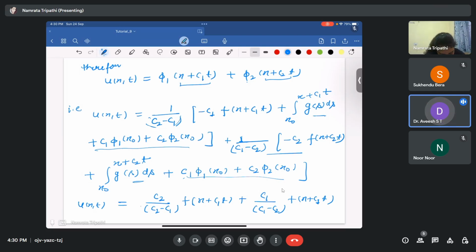U of 0 comma t is equal to 0, ut of L comma t is equal to 0, u of x comma 0 is equal to some function given, a into sine pi x by L, ut of x comma 0 is equal to 0. So how to solve this type of problem, ma'am?